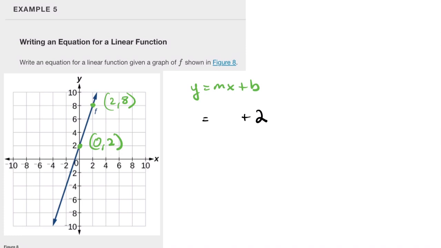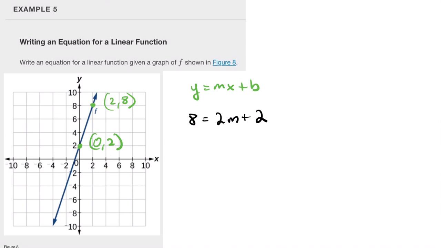Then the slope: let's take the other ordered pair. When x is 2, the corresponding y is 8. We don't know the slope, so now we can solve for it, or we could have used the slope formula. Let me finish this one, and then we'll confirm it with the slope formula as well.